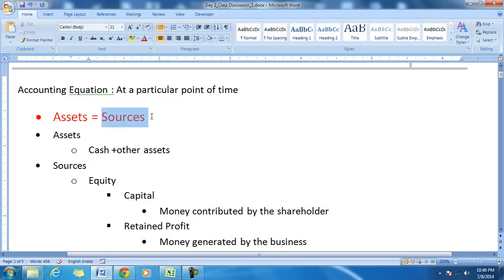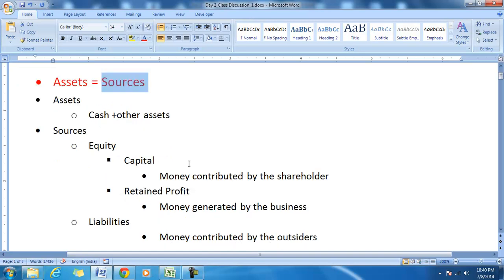And the sources, at this juncture, we would like to confine ourselves to two sources: equity and liabilities. Equity consists of the capital, money contributed by the shareholders, and the profit, which is money generated by the business.